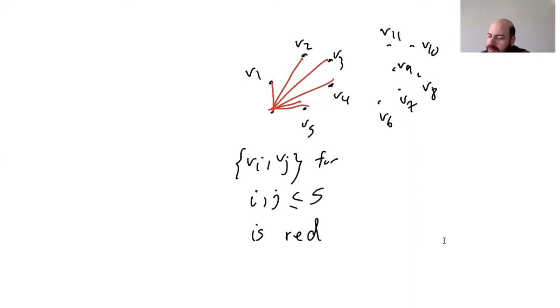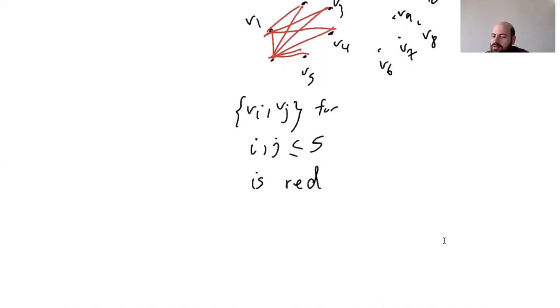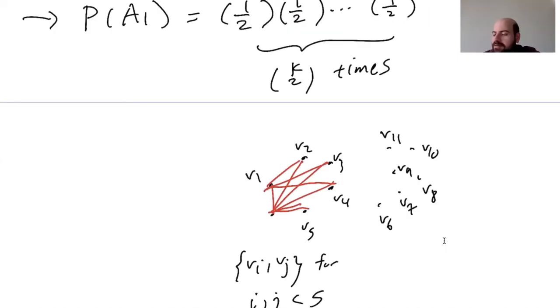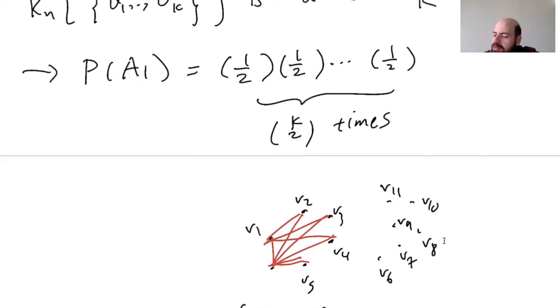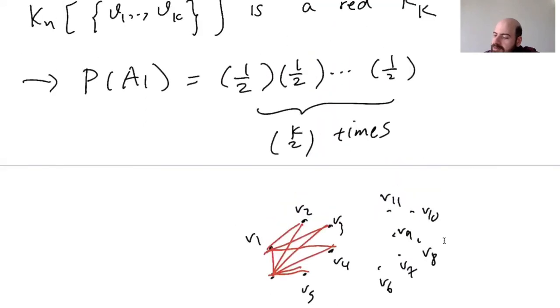See, all of these are red. So how many do I have here? 5 choose 2 such edges. So this is 1/2 to the power K choose 2.